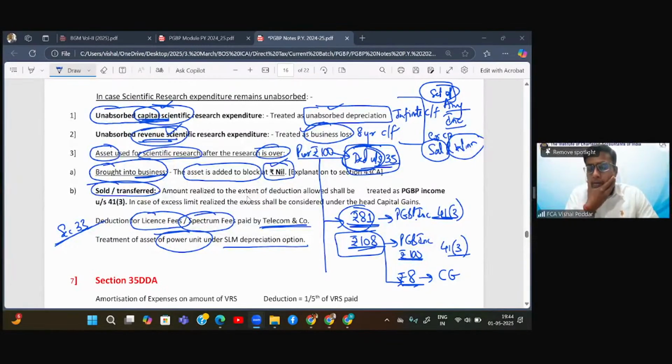Why is the same not applicable for other block of assets? Very good. The difference between this and other blocks of assets is that in a block of assets, there is no identity of individual assets. You do not know how much one asset was costing, because once you start every year computing the depreciation and adjusting the purchase and sale of all the assets in that block, after 4 or 5 years you do not know what my original asset is costing in the block.